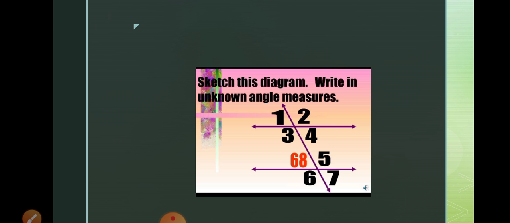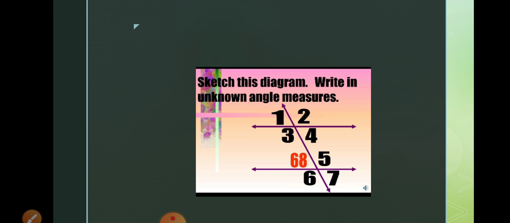Now here is an activity question. Two parallel lines are there, and angles 1 to 8 are formed. The value of angle 8 is given, that is 68. You have to find the values of the rest of the angles by using the rules that corresponding angles are equal, alternate interior angles are equal, alternate exterior angles are equal, and wherever required, vertically opposite angles are also equal.